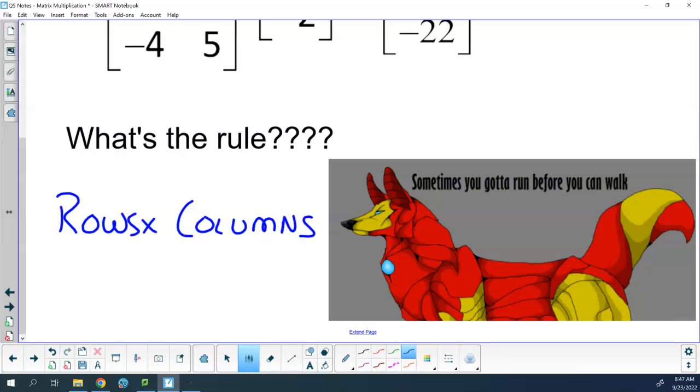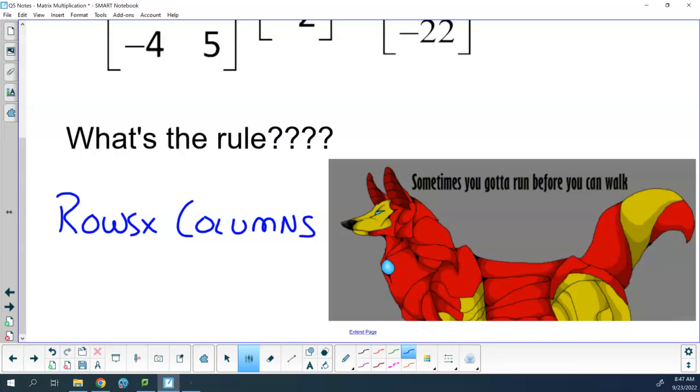So when we're getting the size of the matrix, it's always rows first, columns second. When we're multiplying matrices, it's rows of the first one times columns of the second. It always follows that rule, rows by columns. Which is kind of cool because it's one rule you gotta learn for all of the matrices. So let's get it into play here.